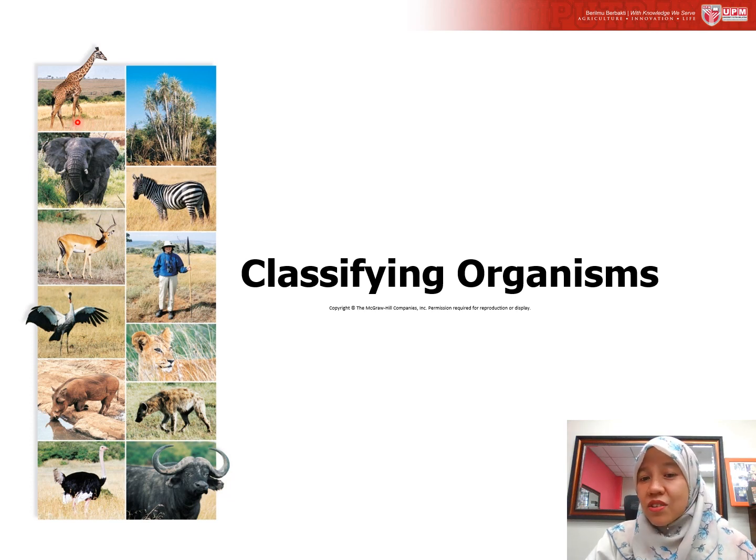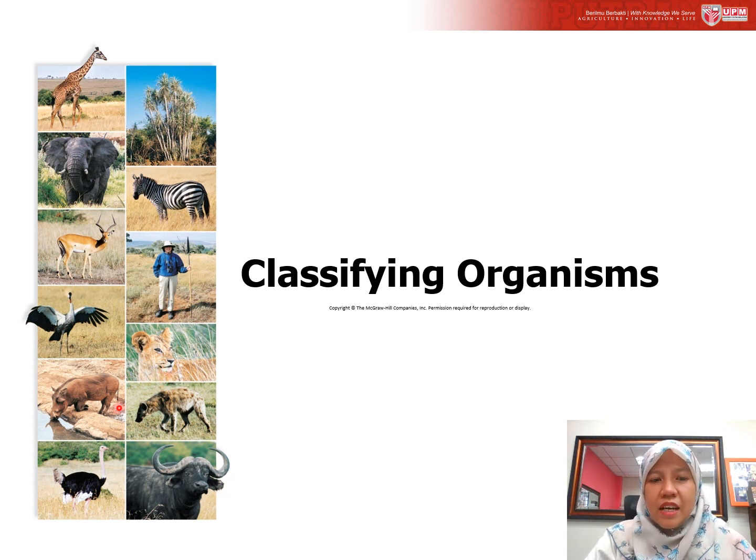Yes, correct. This is a giraffe. This is the African elephant. This one is a zebra. Also, you can find it in Africa. And this is the antelope. And this one is, yes, a crane. We call it the gray crowned crane. It can be found in Kenya. And this one is a lioness.